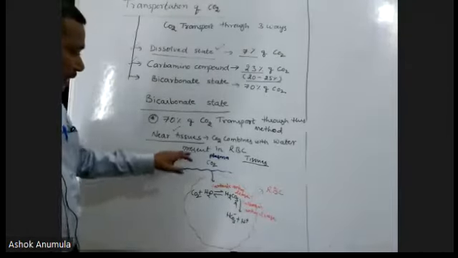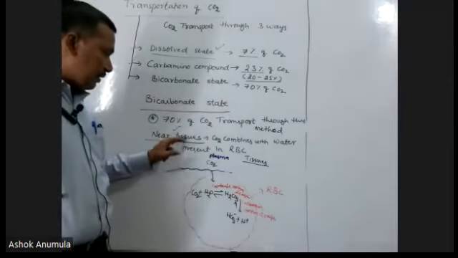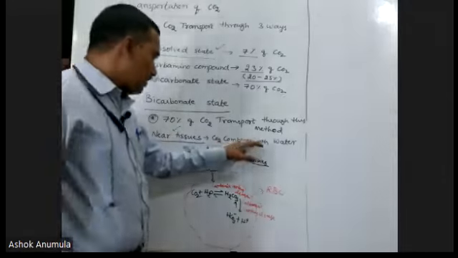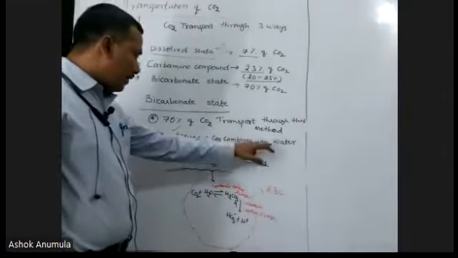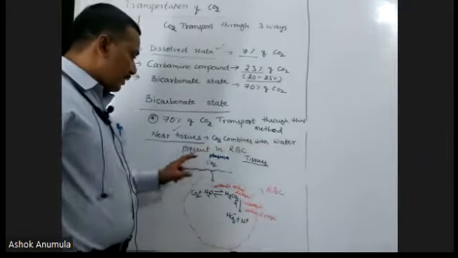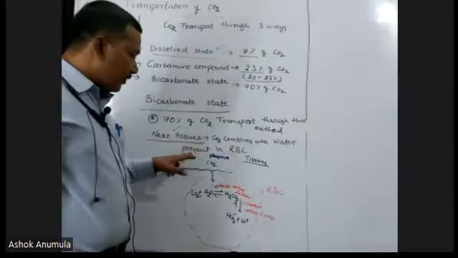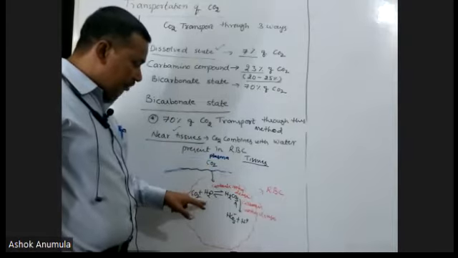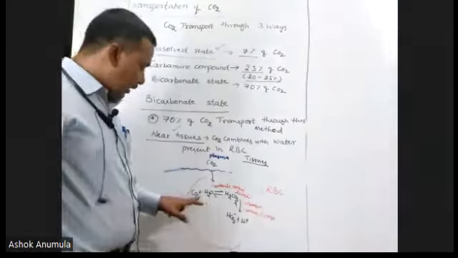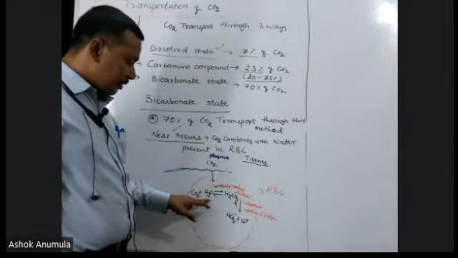Near the tissues, CO2 combines with water which is present in the RBC. Here you can take plasma near the tissue. The CO2 enters into the RBC, and in the RBC the CO2 combines with water.